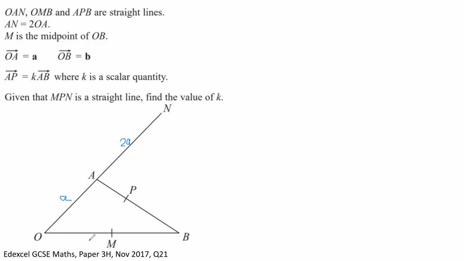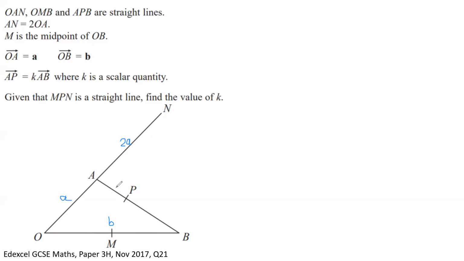We've then also been told that O to B, so the whole length of this line, is B. And that M is the midpoint of O to B. So it's exactly halfway, M is exactly halfway between O and B.